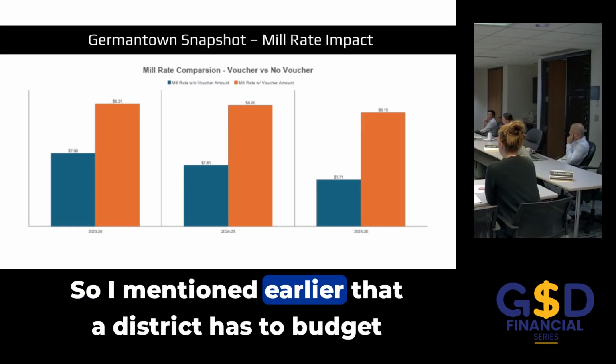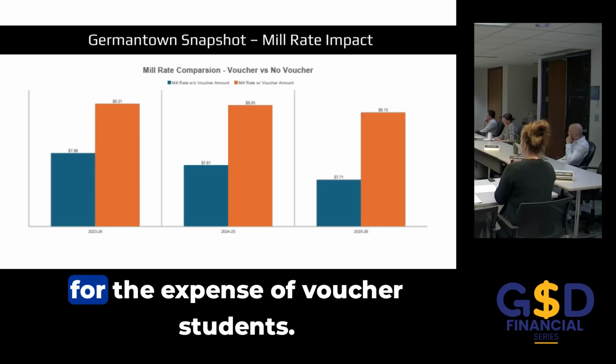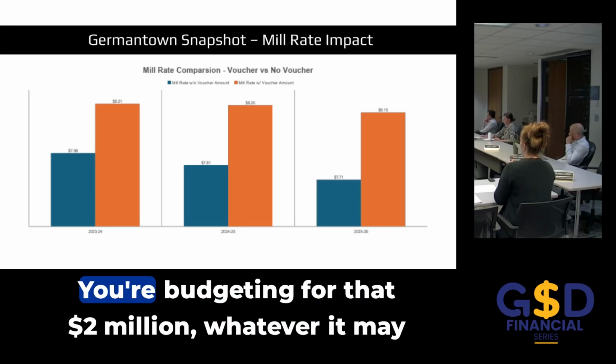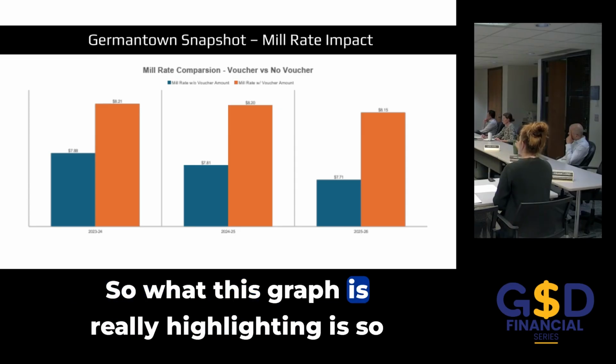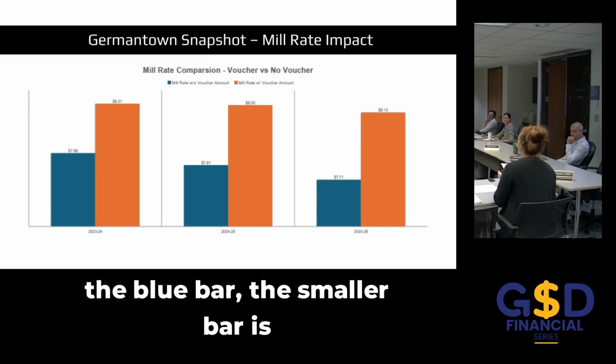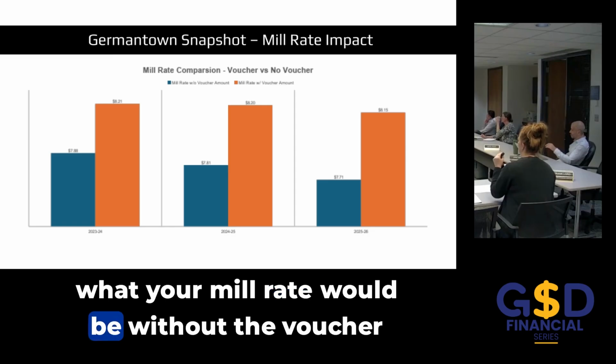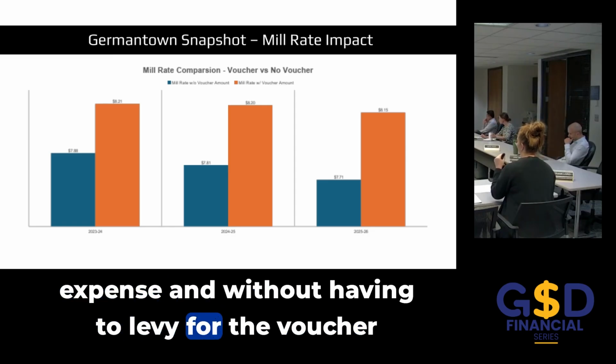So I mentioned earlier that a district has to budget for the expense of voucher students. So you're budgeting for that $2 million, whatever it may be, and then a district can levy for that. So what this graph is really highlighting is, the blue bar, the smaller bar, is what your mill rate would be without the voucher expense and without having to levy for the voucher expense.